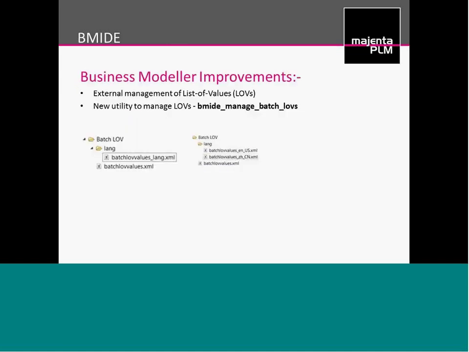One change to Business Modeler is the ability now to manage lists of values externally. Prior to Teamcenter 9.1, lists of values, the lists in Teamcenter, had to be managed through BMIDE, and if you had an ERP or MRP system that had a common list of values, then you'd need to update both lists to keep them in sync.